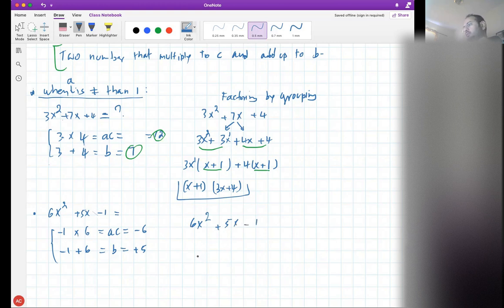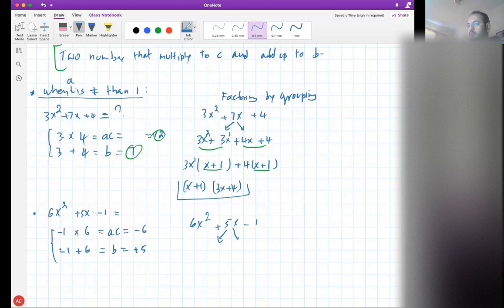We split the middle term. It's going to be based on the numbers we found here. So 5x would be +6x and then -1x.